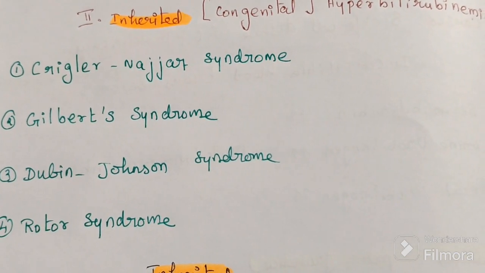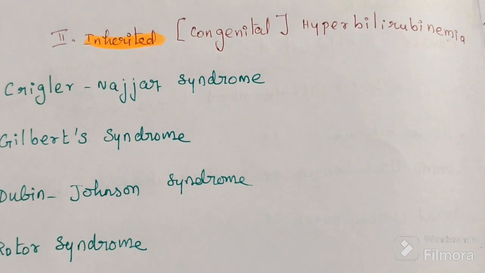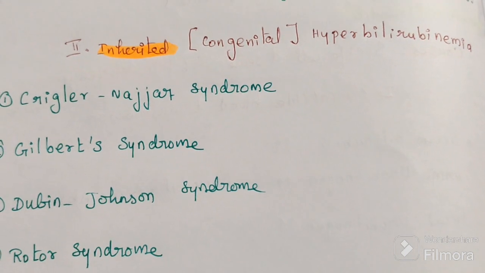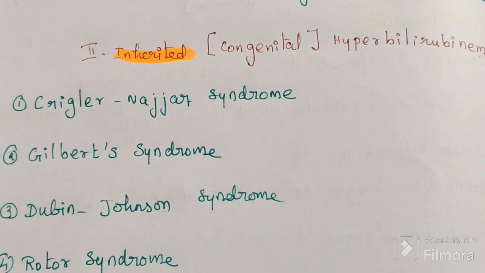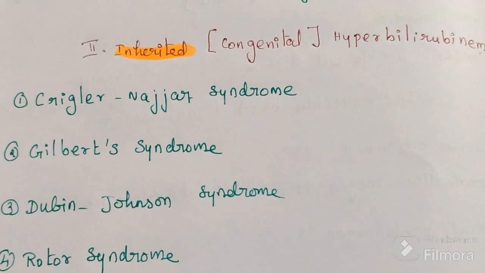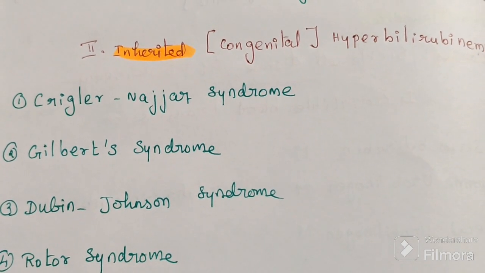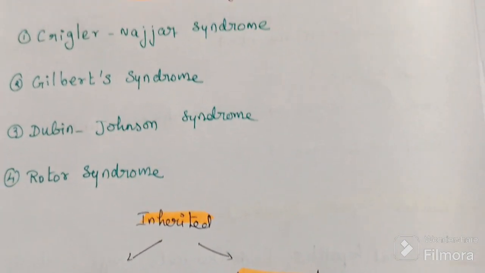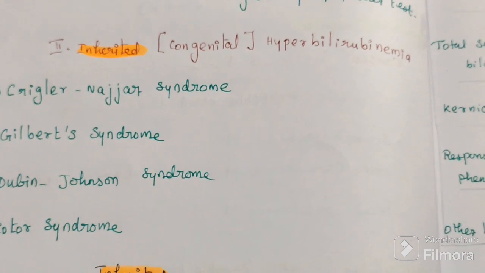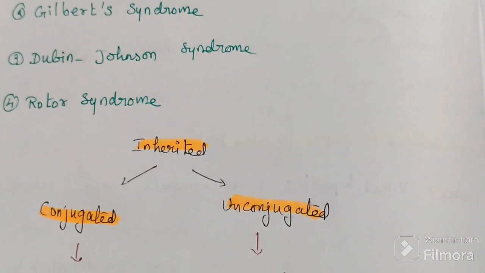These are the four examples of congenital hyperbilirubinemia.